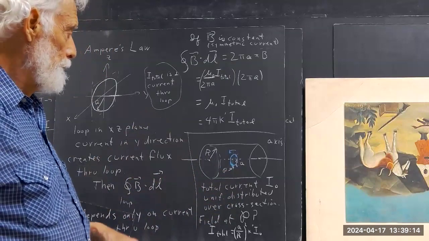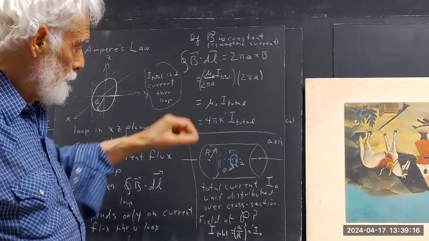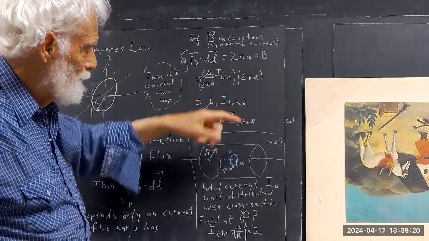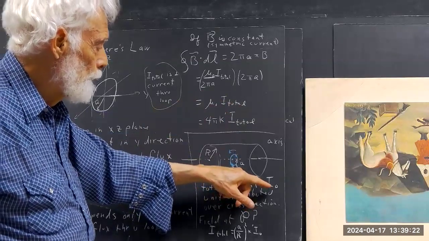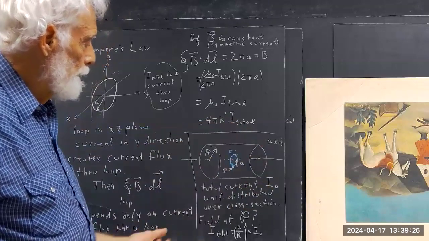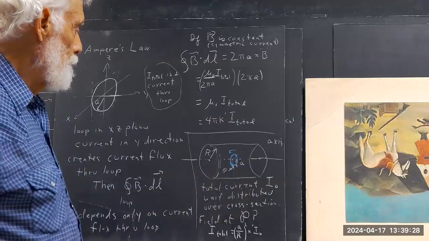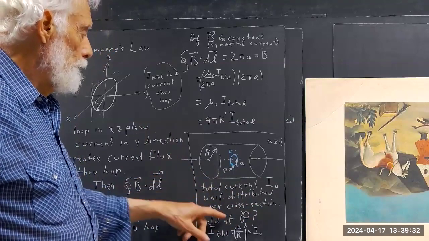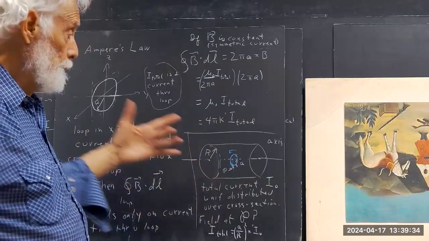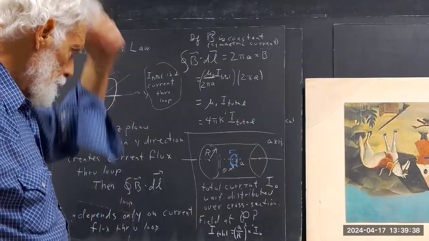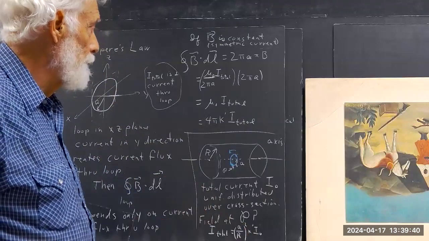It took about 30 seconds to think it through. That is very good. It's going to be in the same proportion to I naught as the area of this loop to the total area, because we have a uniform cross section and uniformly distributed current over the cross section. In other words, the current density here is constant. And it follows that I total is this times this.